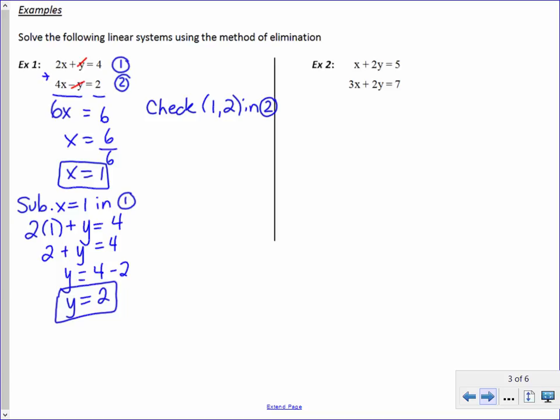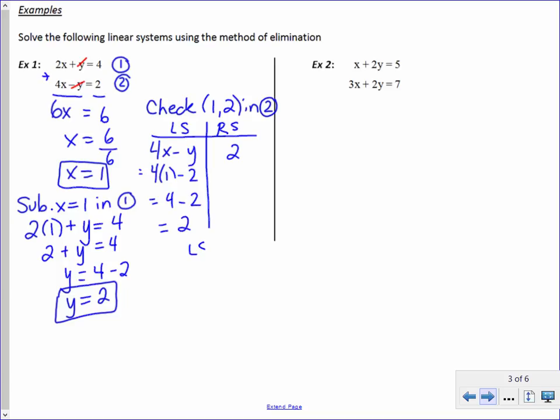So if I check that point, again, left side, right side, 4x minus y is 2. There's the whole process of elimination.